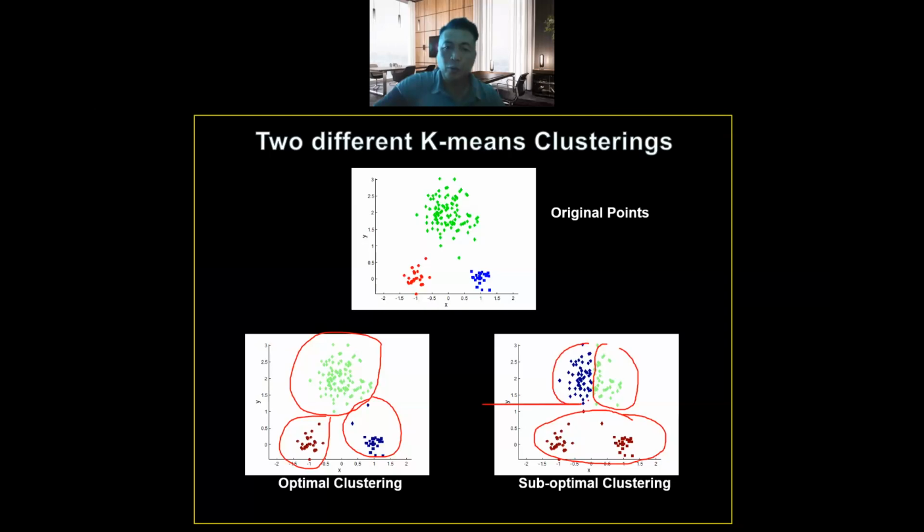So we could have 2 different types of clustering results here. It depends on where you pick your initial points, the initial centroids of your clusters.